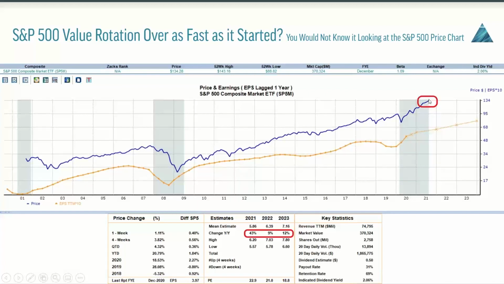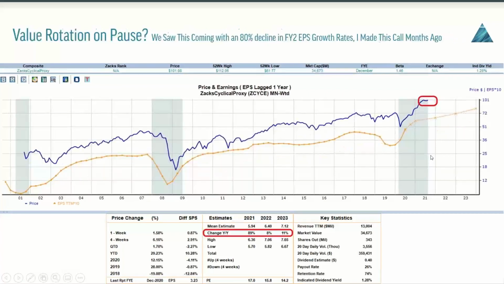But again, when you look at the price action, you'll see that the S&P 500 just continues to set new records every day, and we obviously all experience that. So again, you would not know that this value rotation is potentially over just as quick as it got started by looking at this chart.